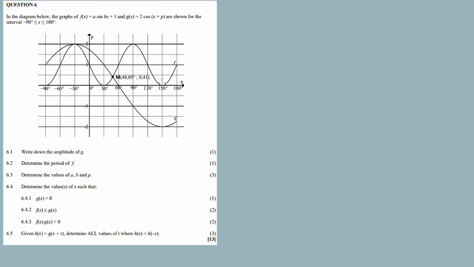So y, x. So this is f, this function, so that I don't mess up the question here. Now f, this is f, and then we have g, now g, right?